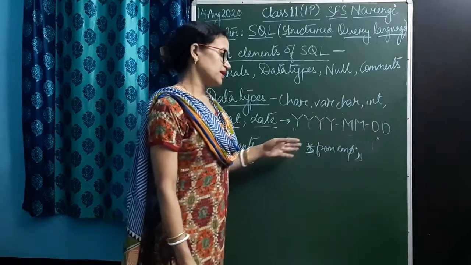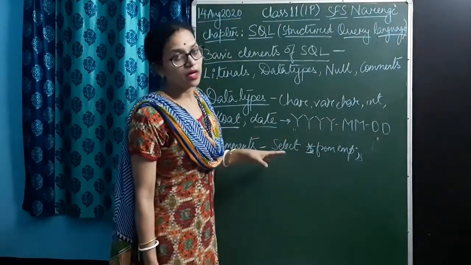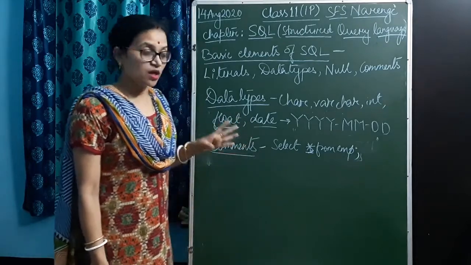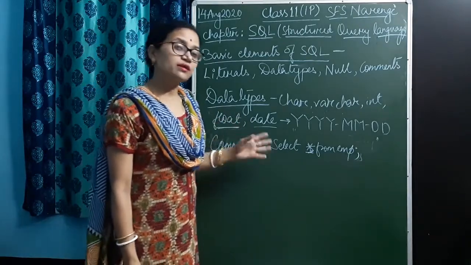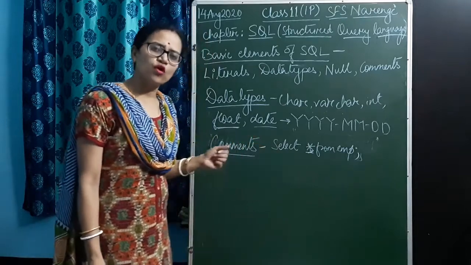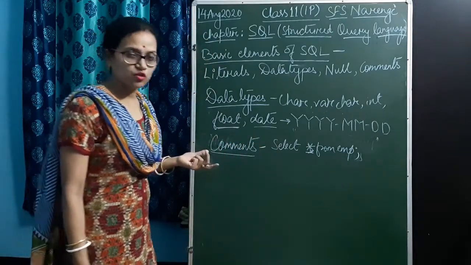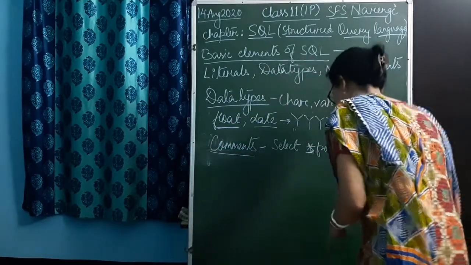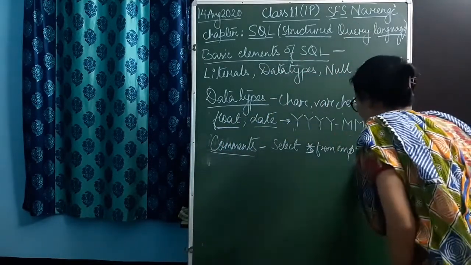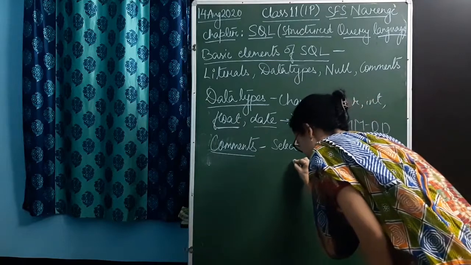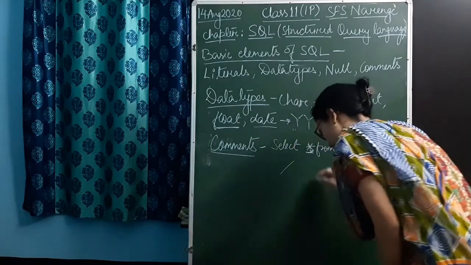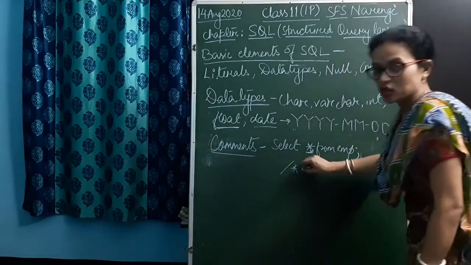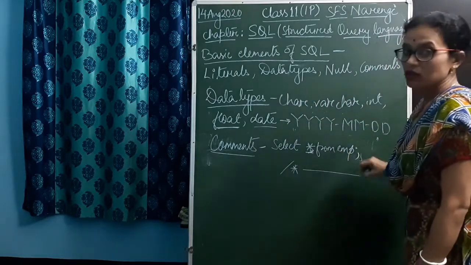So if I write select asterisk from employee, this is a command written to display all the values of the table. Now, somebody may not understand what this command is used for. So I need to write a comment there. I will give a slash here, and after that an asterisk symbol, and then on this side I am going to write the comment.